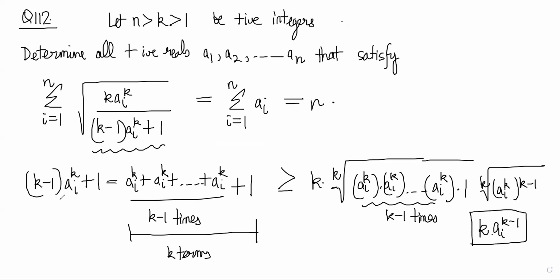So what we have shown here is that the denominator is greater than or equal to k times ai power k minus 1, right? Great. So we'll use that to set up an inequality here on the LHS, this term, right? So we'll say summation of i goes from 1 to n of the square root of k ai power k divided by (k minus 1) ai power k plus 1.